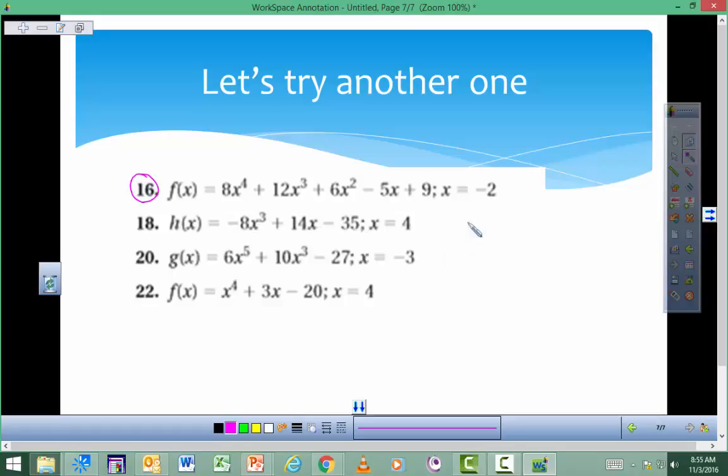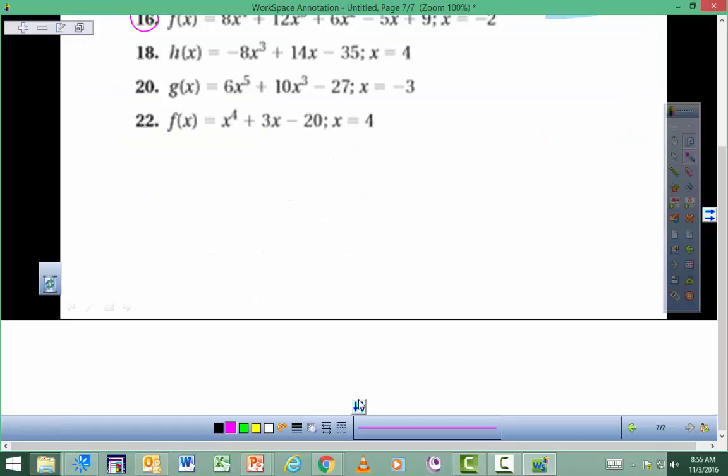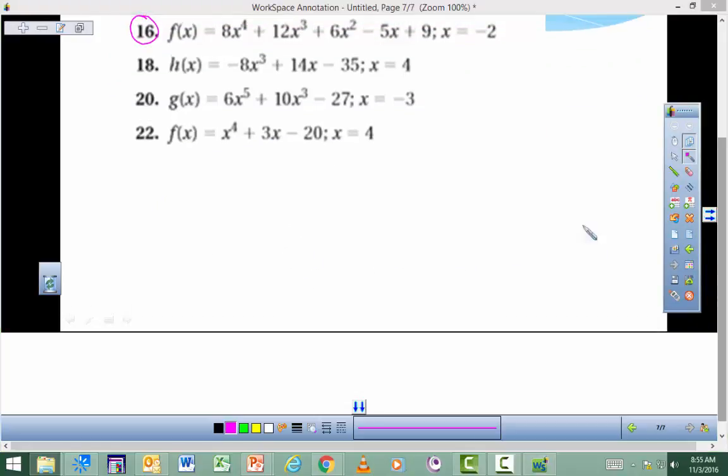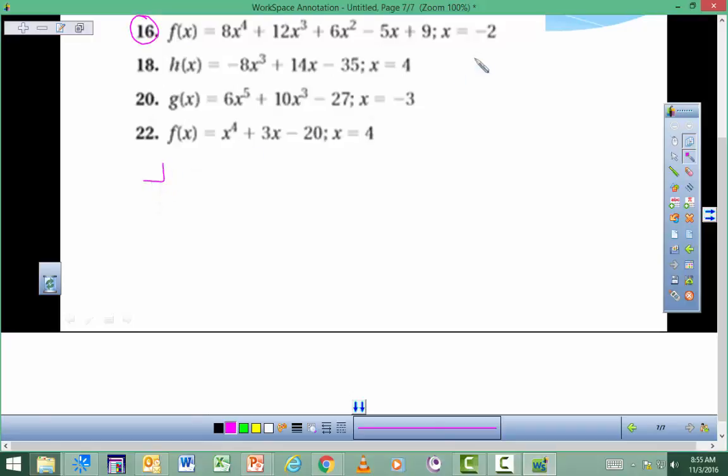So, again, what you do, I'm going to just move this a little bit. If we're going to do number 16, we make the little box thingy, put the -2 right here, and then you put all these coefficients. Now, by the way, are there any missing in this one?